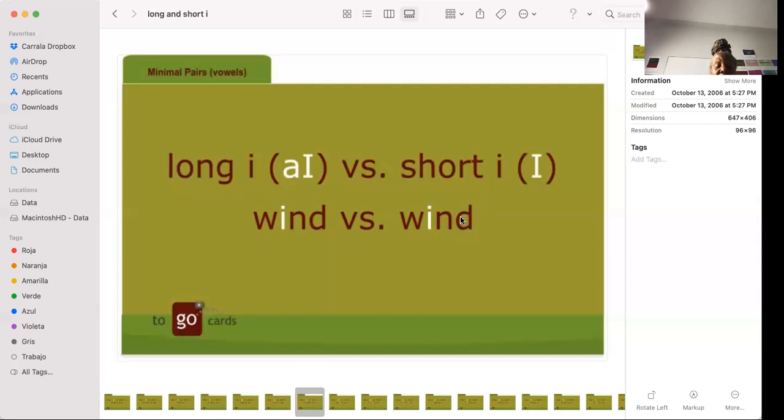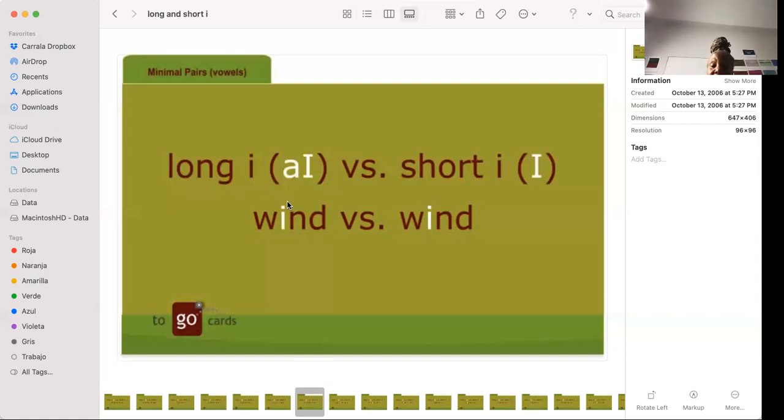Now I'm purposely pronouncing the D at the end a little bit exaggerated because I don't want you to get mixed up with the word wine, W-I-N-E. So this is wind, to wind up. You wind up a clock, you wind it.